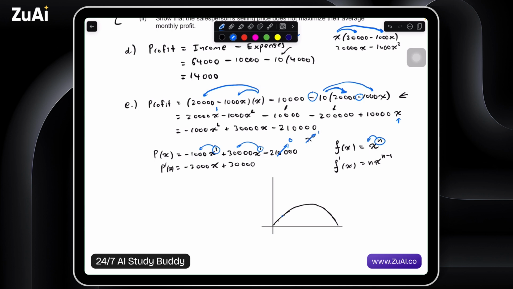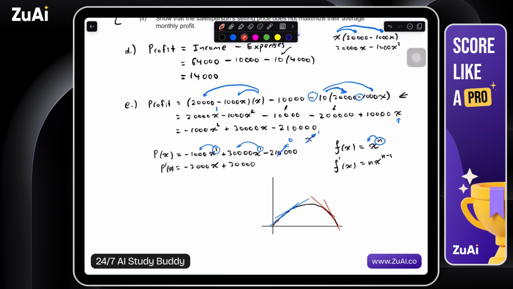If we want to find the slope at this point, it'd be something like this, except it wouldn't be curved. And if we wanted to find the slope at another point, it would be something like this. That's what our gradient function, our derivative, would do for us.